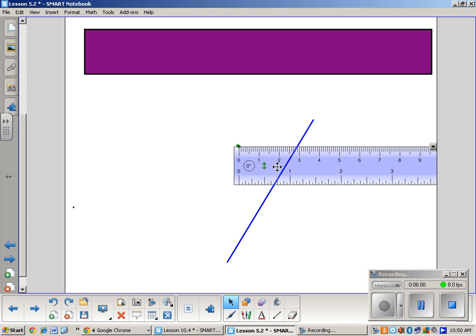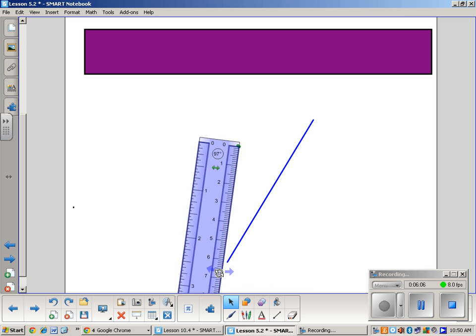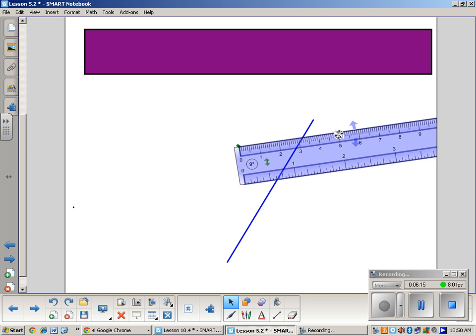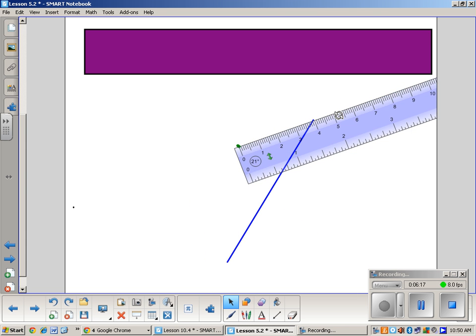And others will say, no, you've got to measure to there, and say that's about 6. And someone else would say, no, you got to go to this end, and say it's about 4.